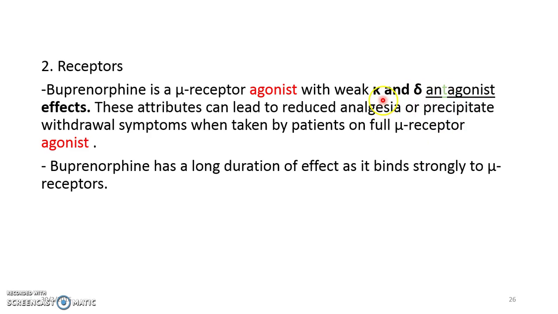We can also talk about them in terms of their receptors. For example, buprenorphine is a mu receptor agonist with weak kappa and delta antagonist effects. So buprenorphine acts as an agonist on the mu receptor, and it antagonizes the kappa and delta receptors.